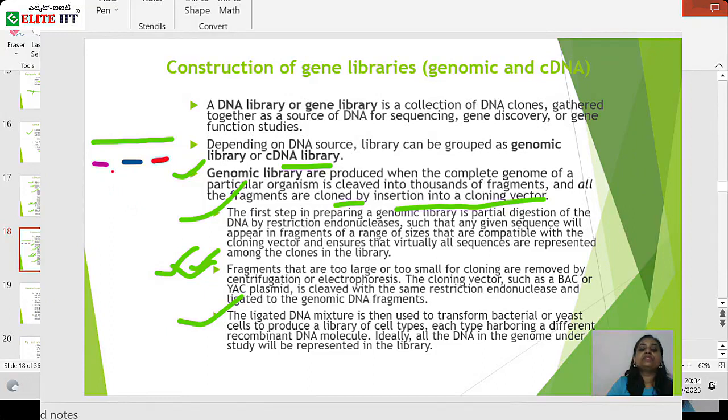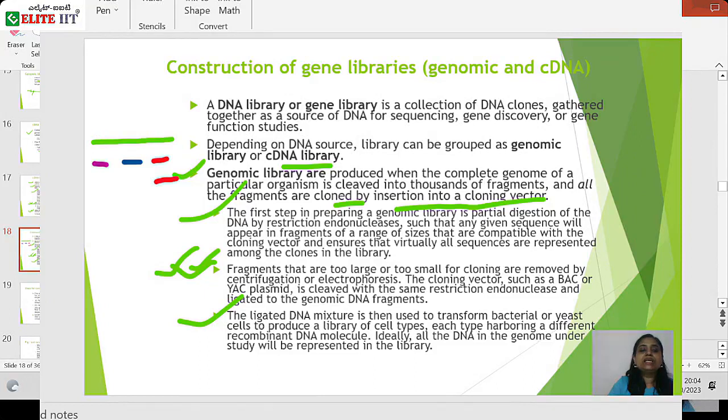Now suppose this genome is converted to these three fragments by restriction endonuclease. You have to construct the recombinant ones. How? You have to insert these fragments into a plasmid, right?